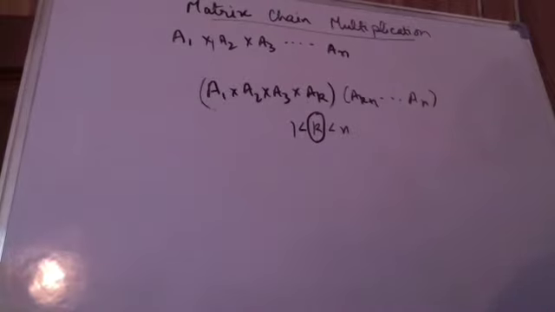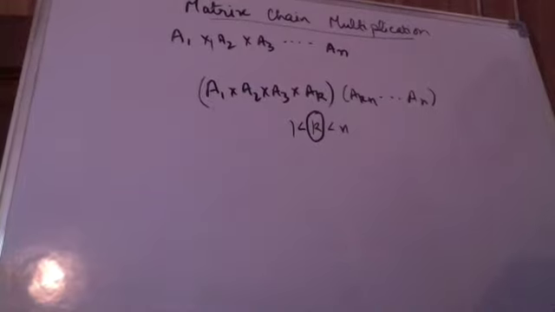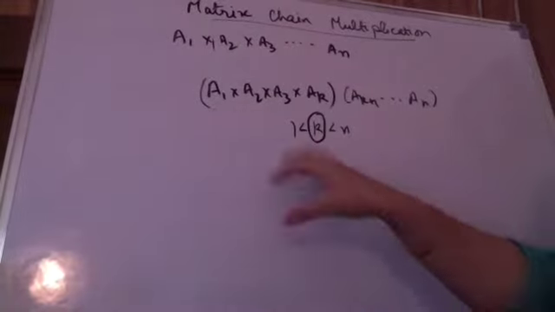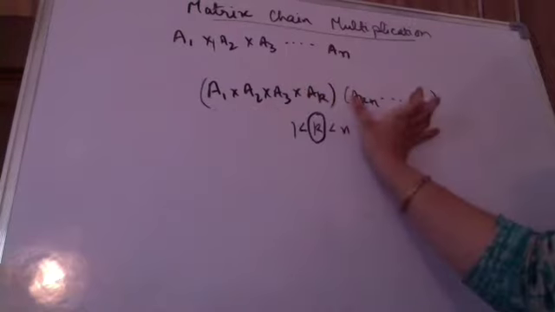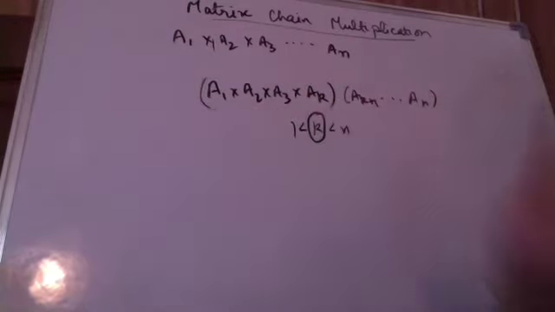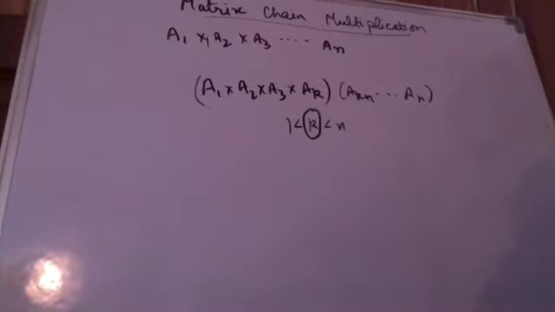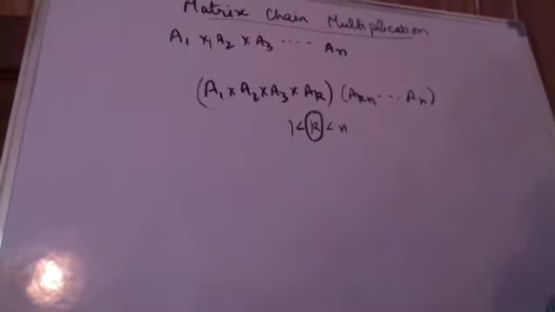So if I'm going to divide this problem like this, I'm actually trying to find out the value of k, which is going to take the minimum number of scalar multiplications that is required to compute this matrix and this matrix. These are 2 matrices. I'm trying to find out what are the minimum number of scalar multiplications which are required. How do I find that out?